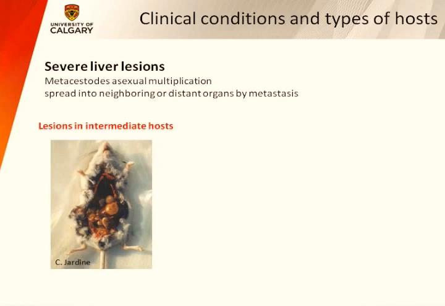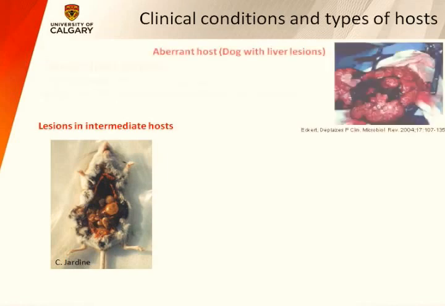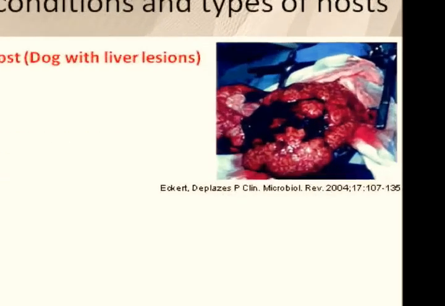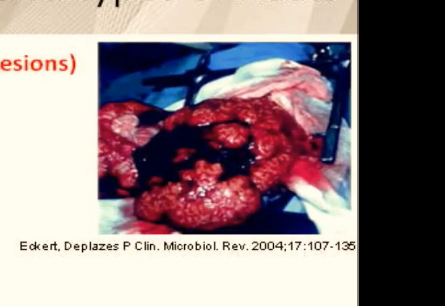Infection can reach other organs like brain, lungs, and in some cases, dogs that are definitive hosts, so they are supposed to be immune to the infection by eggs. They should be competent only for infection by protoscoleces. In some cases, only dogs, not coyotes, not foxes, never reported for these wild species, but in dogs, occasionally they develop the alveolar echinococcosis disease.